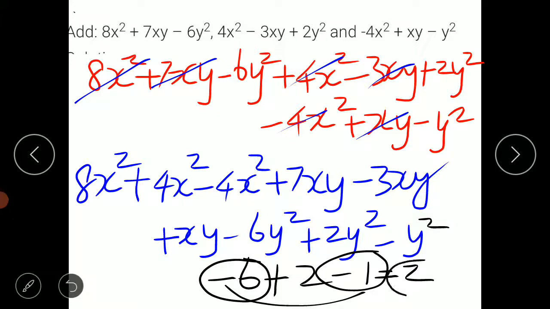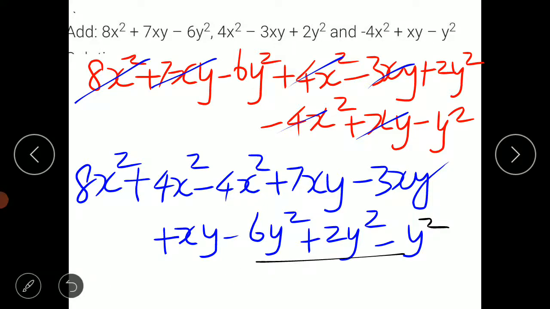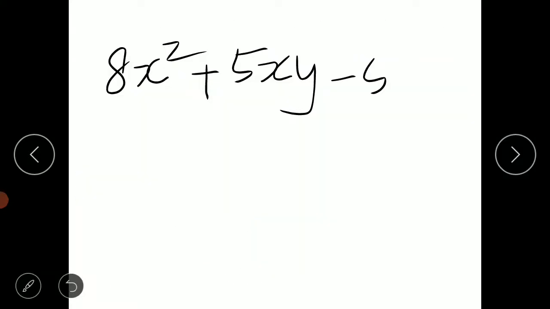Here only positive 2. And pick up the negative, add. We will have minus 7. Is it? Minus 6 minus 1. Minus 7. 2 minus 7. Unlike subtract, greater number sign. Minus 5. We will have minus 5y square. Because this term is y square term. So minus 5y square.